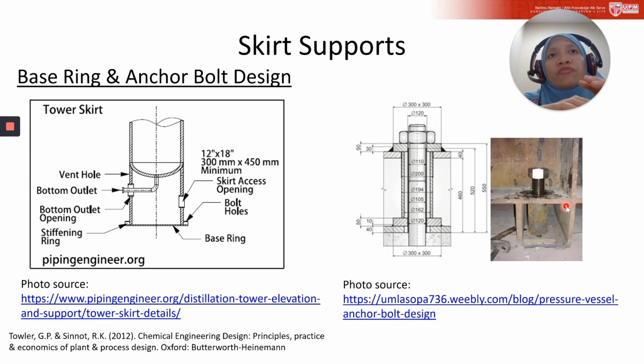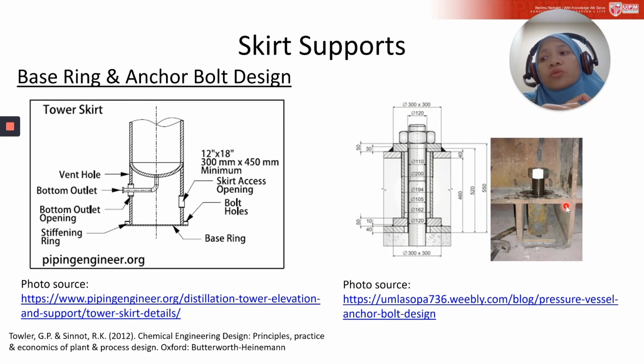Normally people will choose skirt support when the vessel is outside of a building, in other words, the vessel is in an open area. So there is a moment produced by wind and other lateral loads. These loads will tend to overturn the vessel.